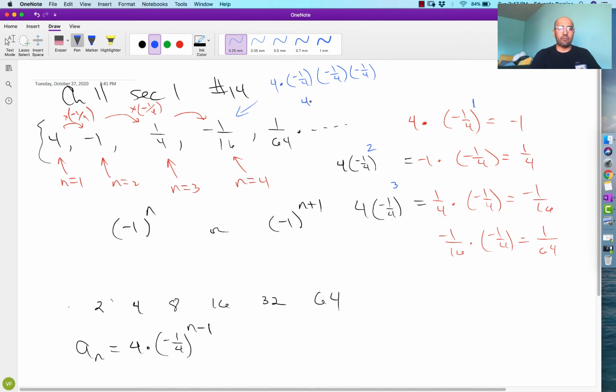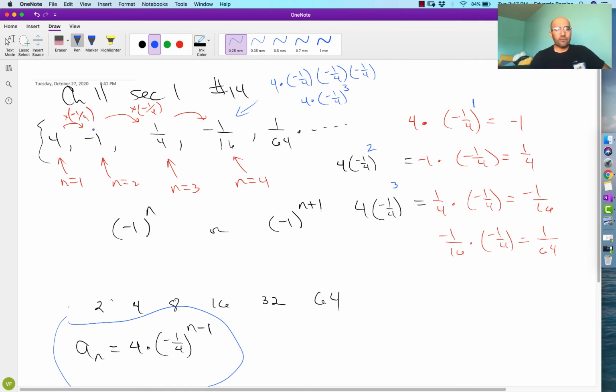And all of that can be rewritten as 4 times negative 1/4 to the power of 3. Okay, so we have our sequence there. So it's a combination of guessing and checking and trying different things.